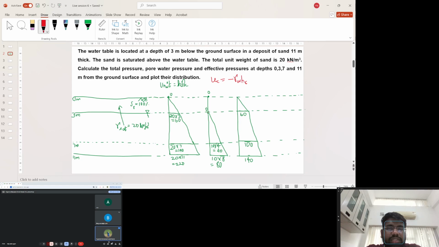So now at this point it will be 0, and at this point it will be negative. This will be minus 10 into 3, which is 30 kPa, minus 30 kPa.